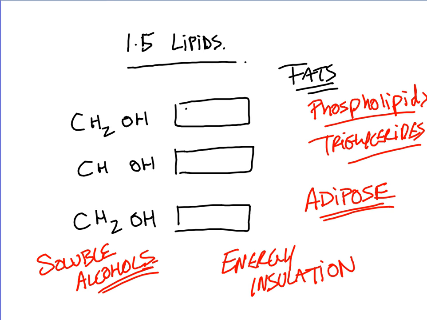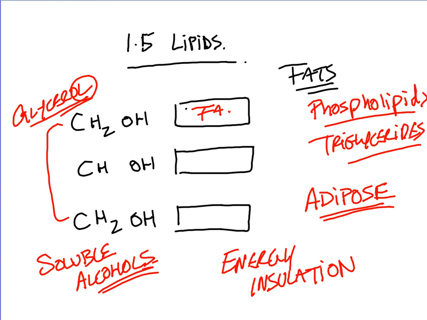If we look at the molecule itself, in a triglyceride we've got glycerol here, the glycerol head. Glycerol is an example of an alcohol, anything ending in ol. And we've got 3 fatty acids. That's where the word tri comes from in triglyceride.